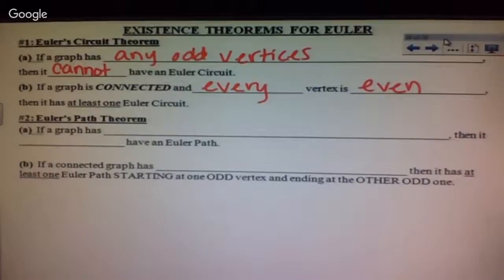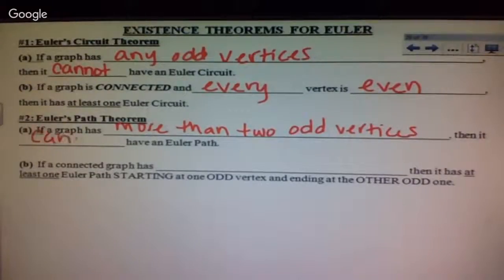We also came up with the Euler path theorem that says if a graph has more than 2 odd vertices, then it cannot have an Euler path.